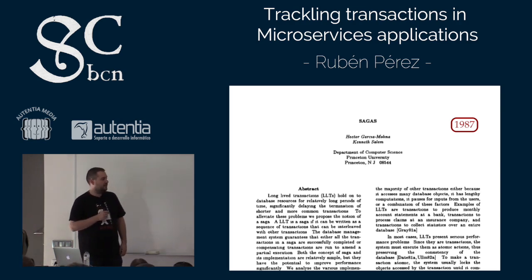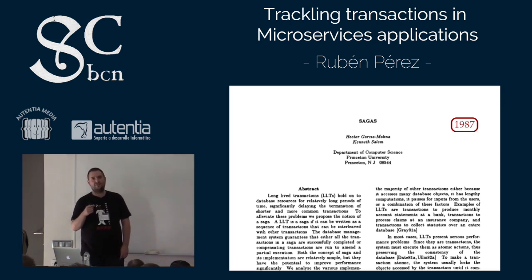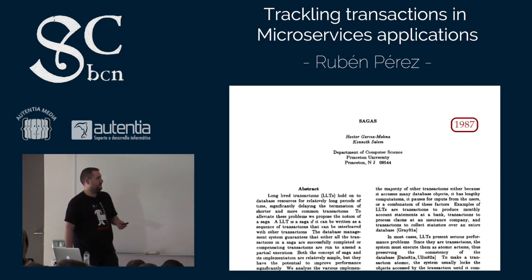Long-lived transactions are transactions that take too much time to execute, either because there are complex calculations to do, or because they hold a lot of data, or, even 30 years ago, because they were waiting for user input. So what's a saga?